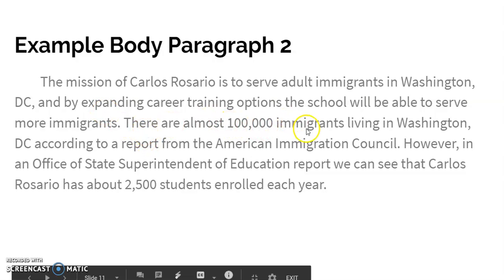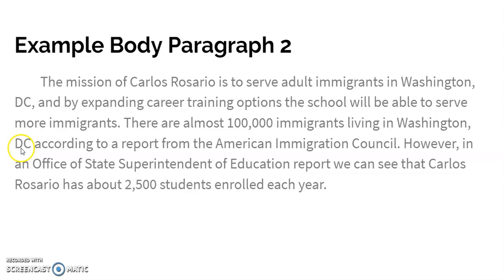There are almost 100,000 immigrants living in Washington, D.C., according to a report from the American Immigration Council. However, in an Office of State Superintendent of Education report, we can see that Carlos Rosario has about 2,500 students enrolled each year.